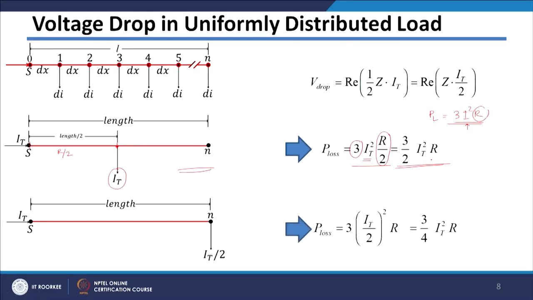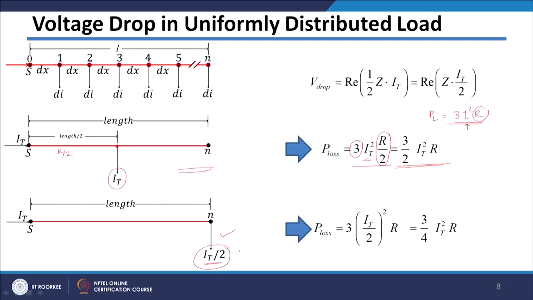However, if you see figure 2 and calculate power loss using this bottom figure, where we lump the load at the end of the feeder, then in this case, to calculate 3 I square R, the current is IT divided by 2.